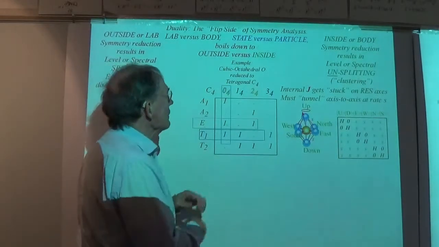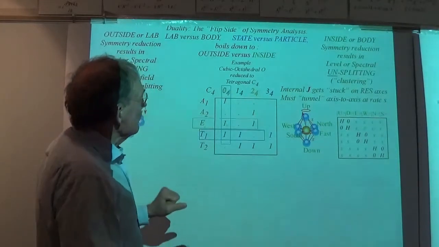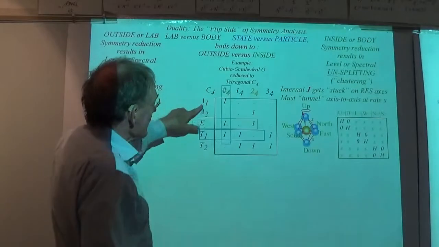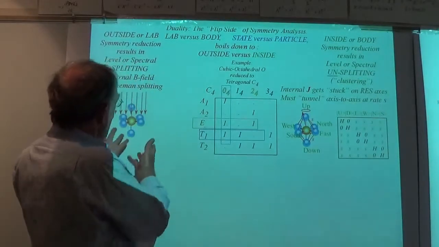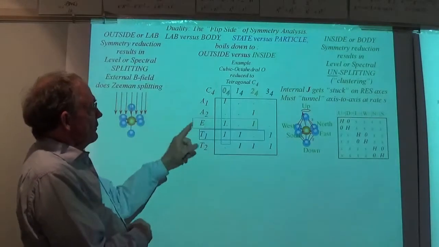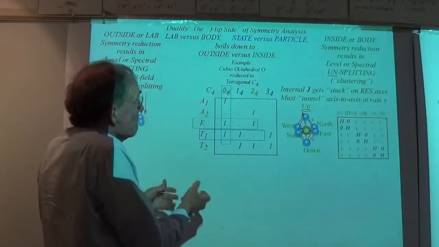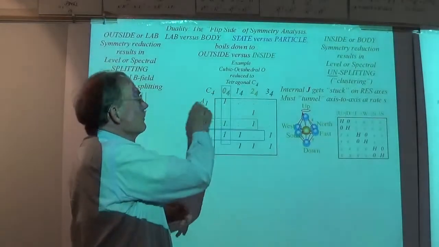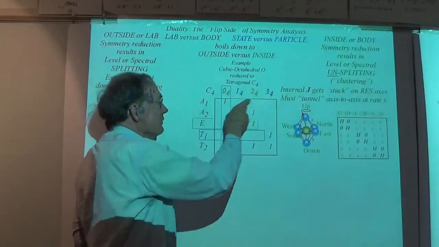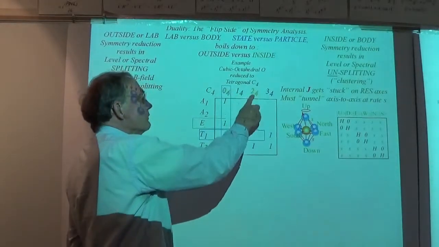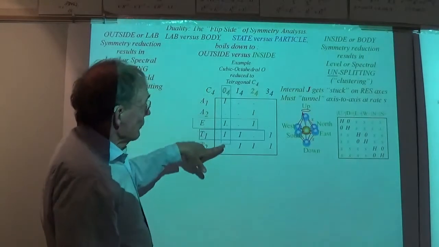So what we've been doing, for example, is writing correlation tables between something that's sort of outside, a global symmetry label, like the octahedral symmetry labels A1, A2, E, T1, T2, correlated with, say, the mountains that had C4 symmetry, tetragonal symmetry, and we put down their irreducible representations, 0 modulo 4, 1 modulo 4, 2 modulo 4, and 3 modulo 4.